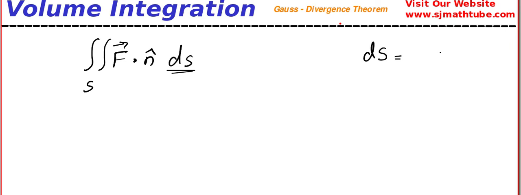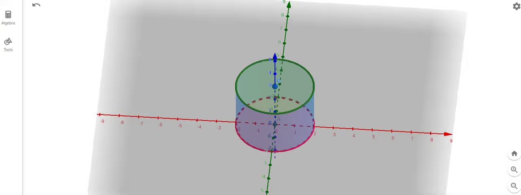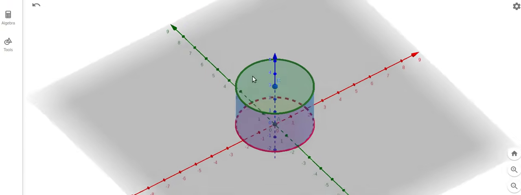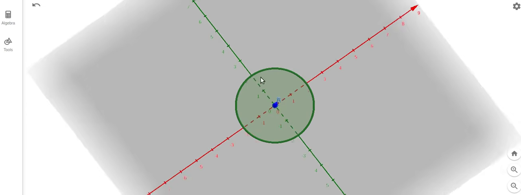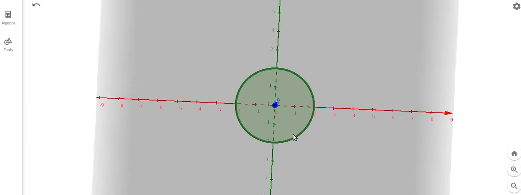If you are going to project the surface on the xy plane, for example, look at this. If you project this green stuff on the xy plane, can you see the projection? It is a circle.